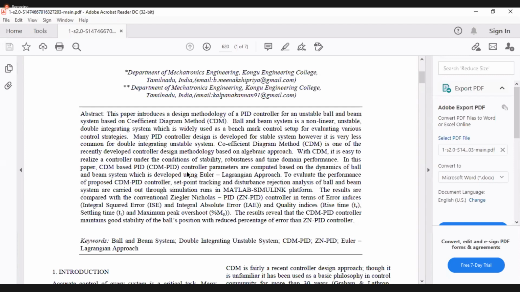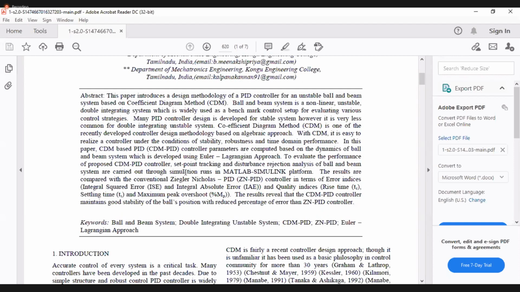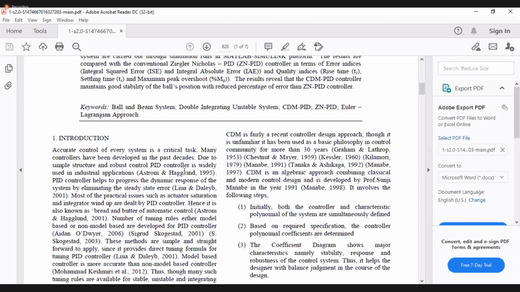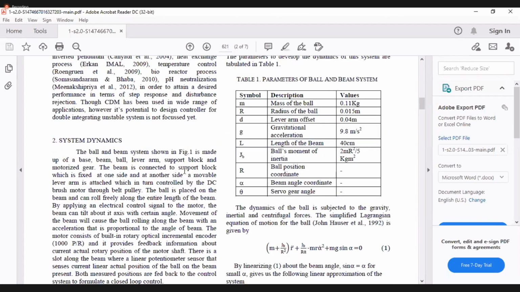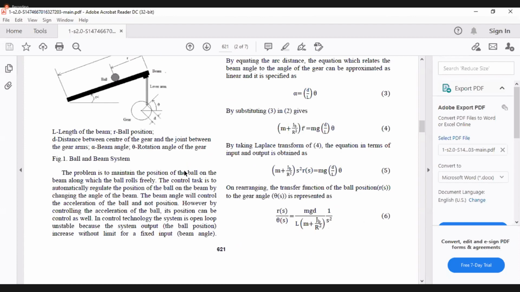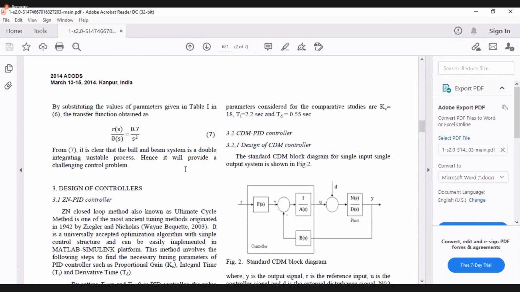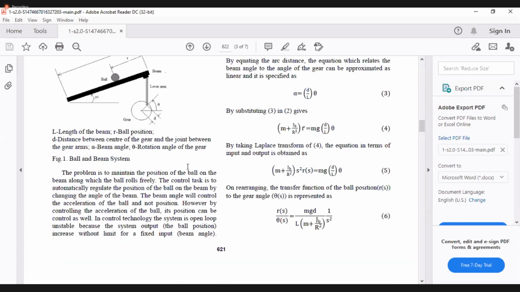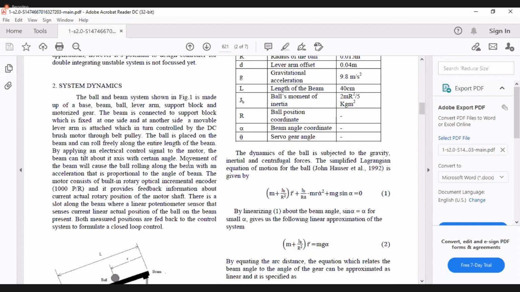So for your project, we are going to use this paper. The first problem that we have, well, we had wanted to do something practical.